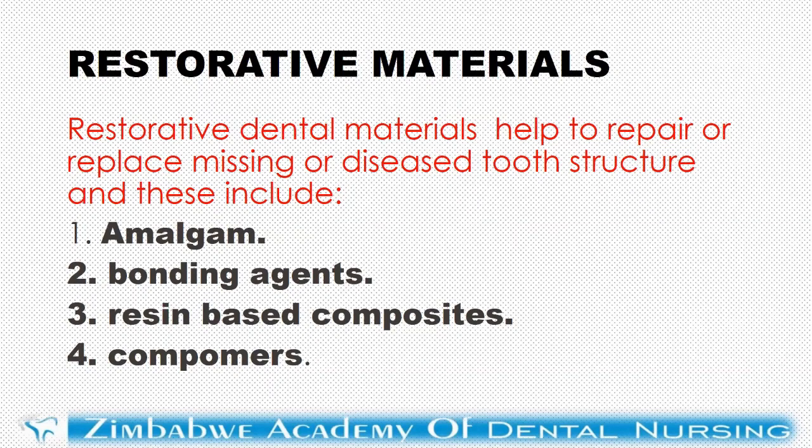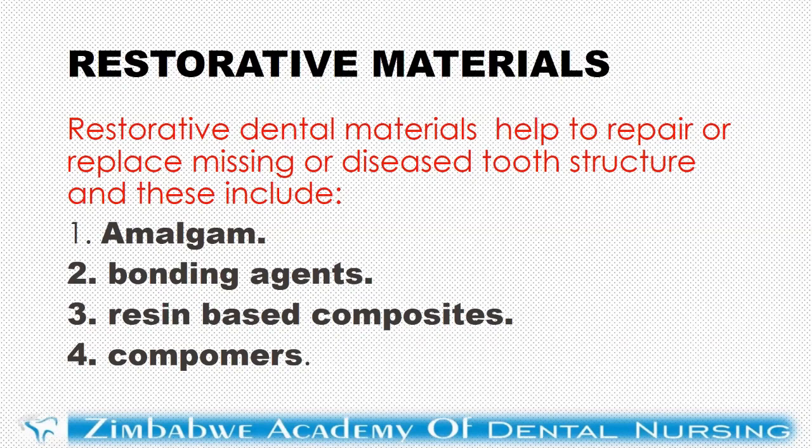We also have what we call bonding agents. These are materials that are used to glue filling materials, such as amalgam itself, but more commonly used to glue dental composites and glass ionomers, and even veneers and other things.